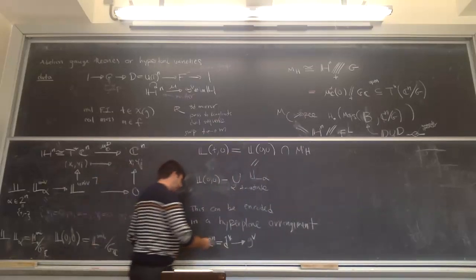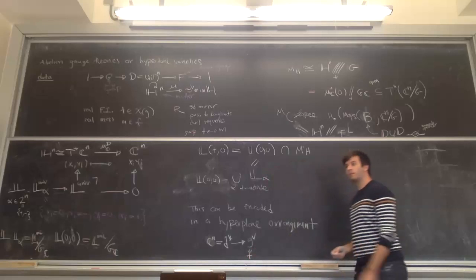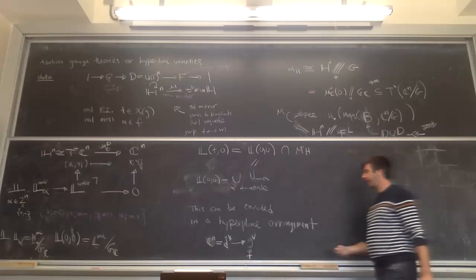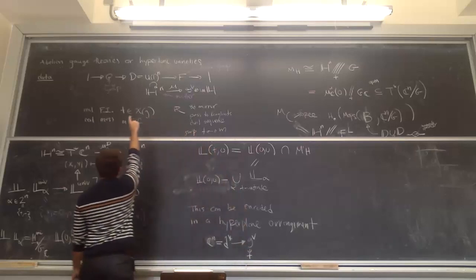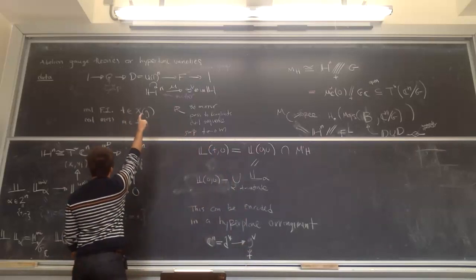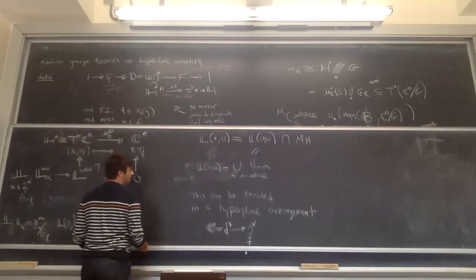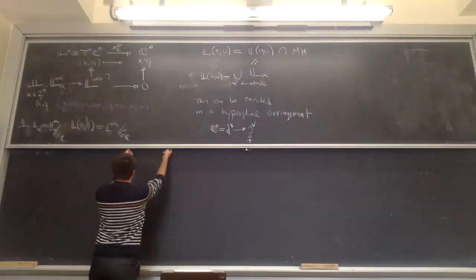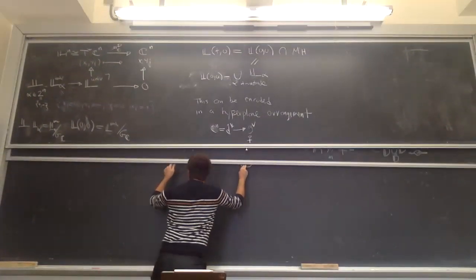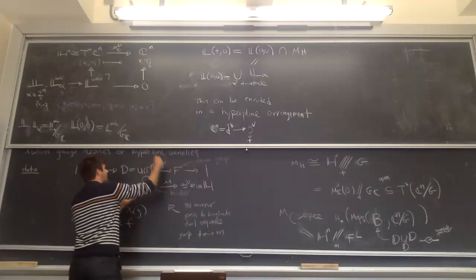And inside of here, I have a favorite element, which is T. And I can take the pre-image of T. So this map is just the dual of the differential of that map up there, which let me give a name. I just forgot to give that map a name. Let me call this map P for projection.